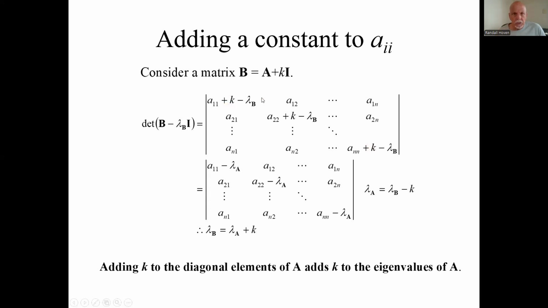And if I call these terms just lambda A's, where lambda A equals lambda B minus K, you see that the eigenvalues of B are the eigenvalues of A plus that constant. So adding the same constant to all the diagonal elements of A simply adds that constant to the eigenvalues of A.